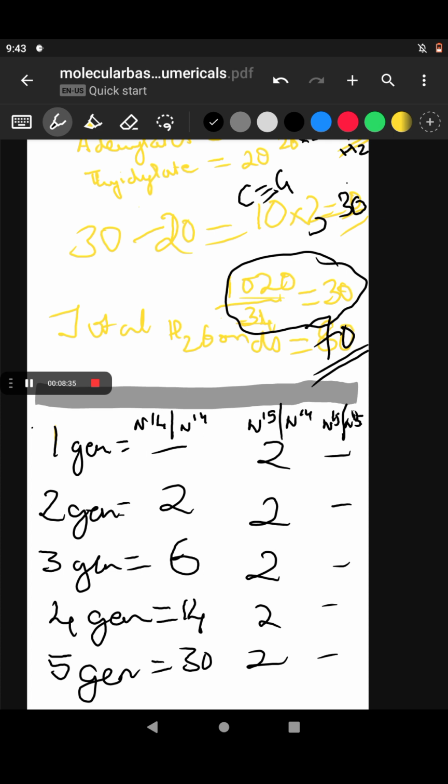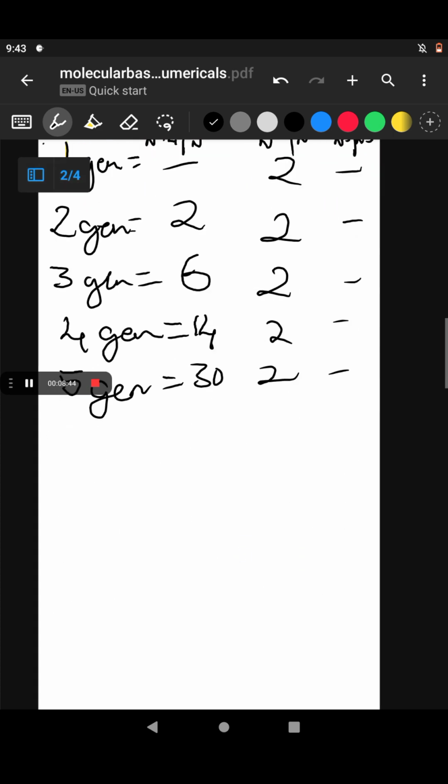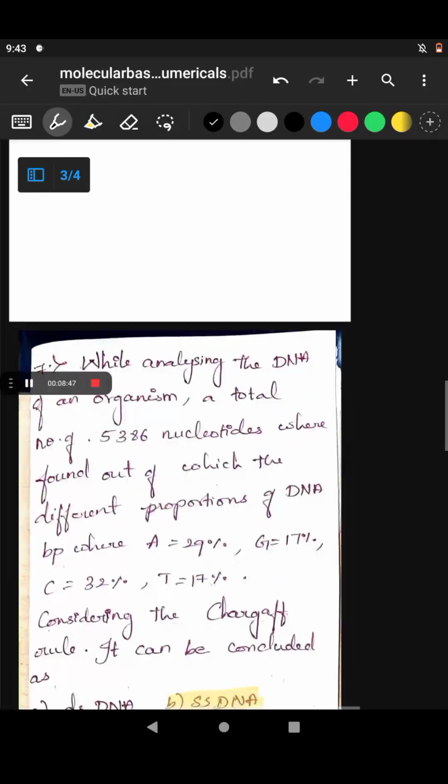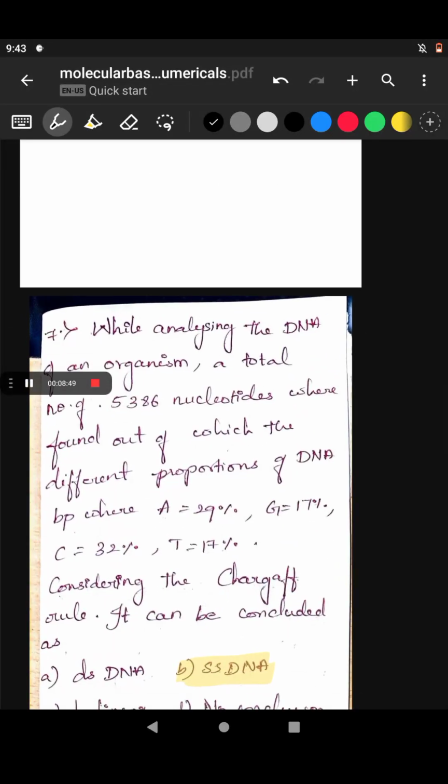So here there is a problem regarding the 4th generation. If you have this formula, it would be very easy to calculate. While analyzing the DNA of an organism, a total of 5386 nucleotides were found, with the proportions of bases being adenine 29%, guanine 17%, cytosine 32%, thymine 17%.